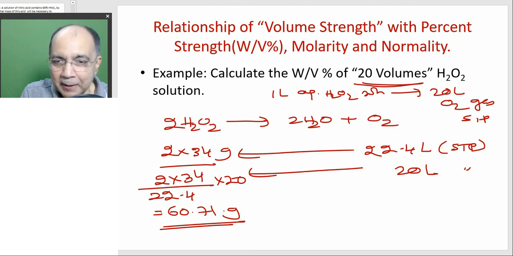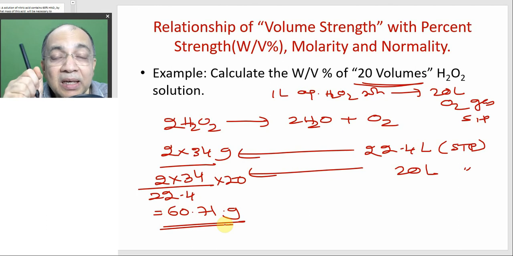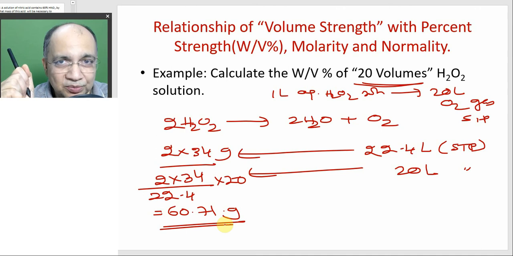Now see, my question is, this 60.71 gram of hydrogen peroxide is present in how many liters of aqueous hydrogen peroxide solution? Tell me. Pause. I repeat the question.